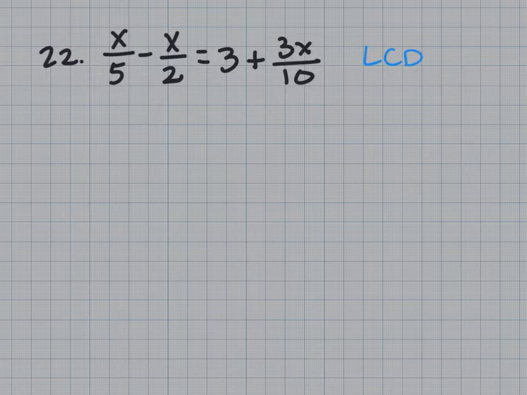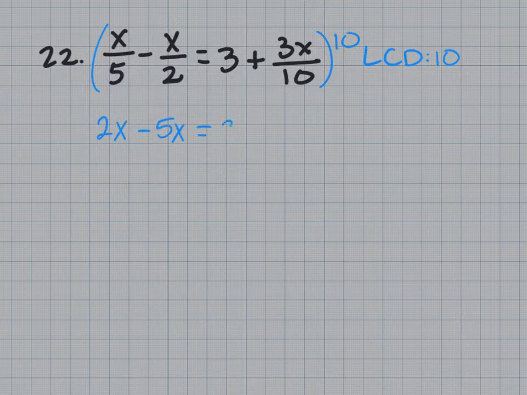So the least common denominator here is 10. And to remove the fractions completely from my equation, I'm going to multiply both sides by 10. So when I do that, I get 2x minus 5x equals 3 plus 3x. So all I did was multiply 10 to each fraction as well as the number 3, so that's 30.